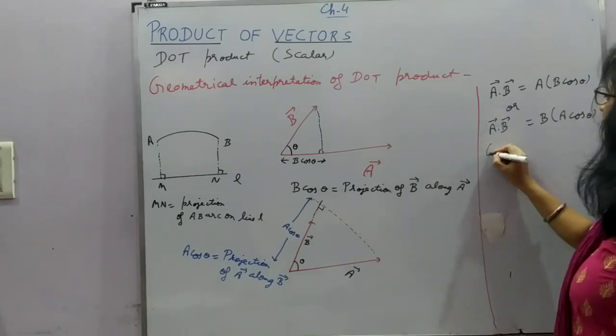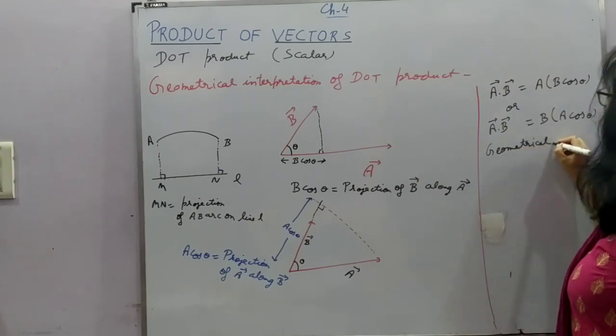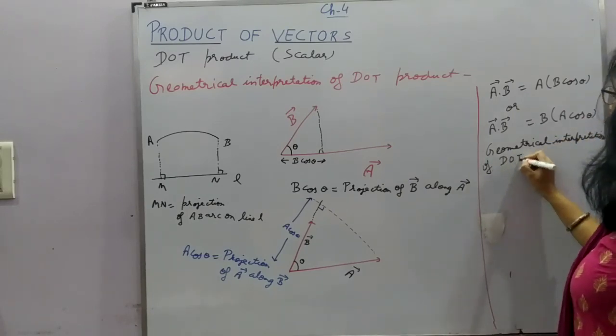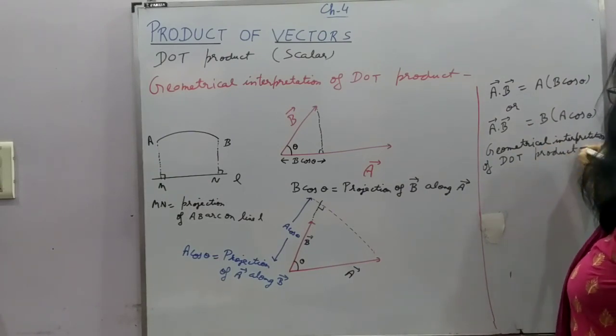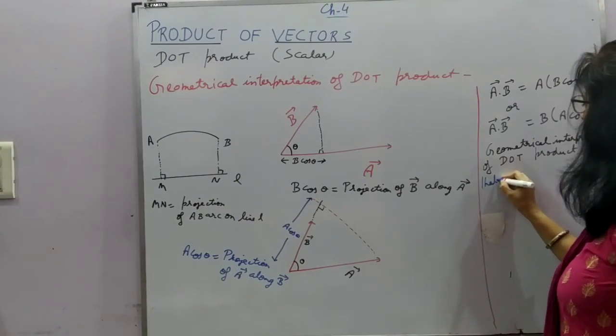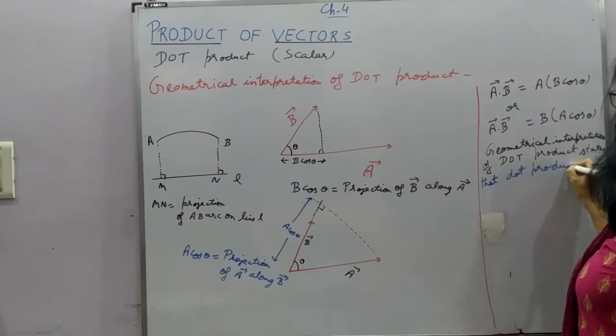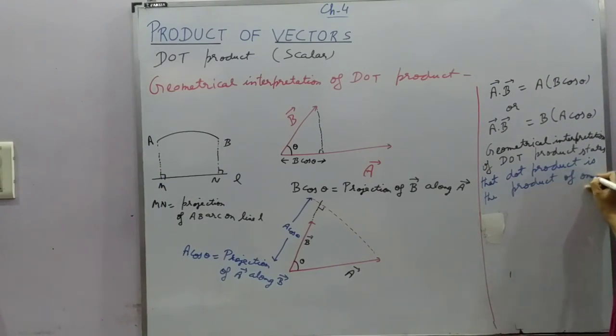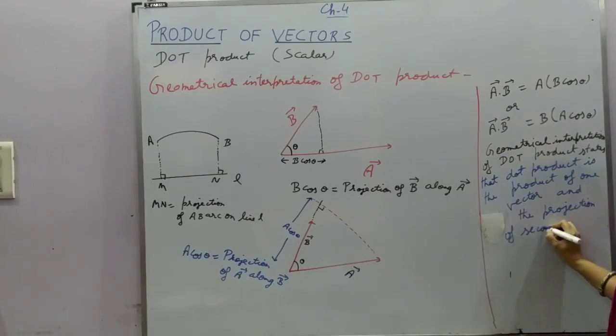So I can say that the geometrical interpretation of dot product states that dot product is the product of one vector and the projection of second vector along first vector.